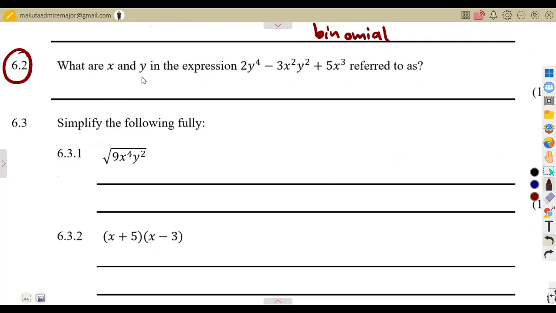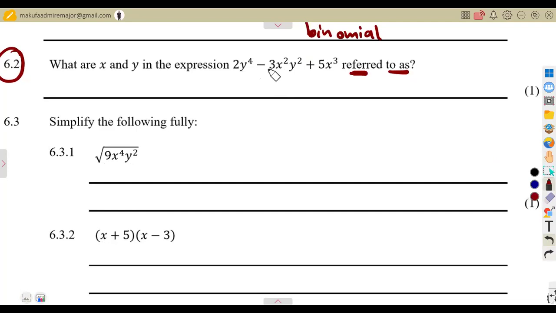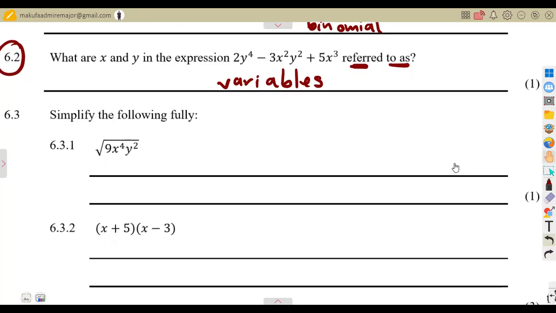What are x and y in this expression referred to as? Wherever you see x and y, these are letters, and letters are called variables. These are variables in algebra.